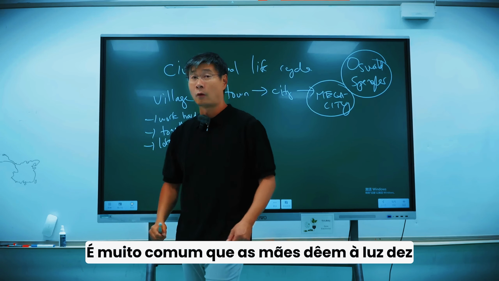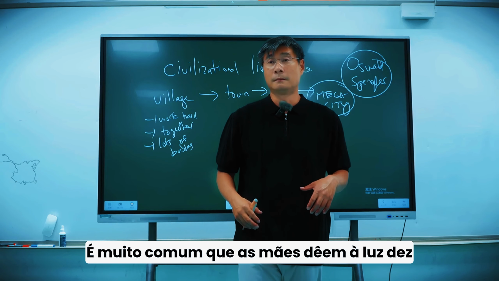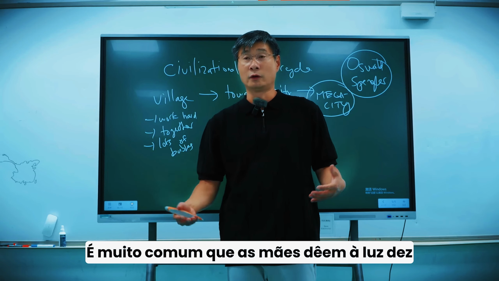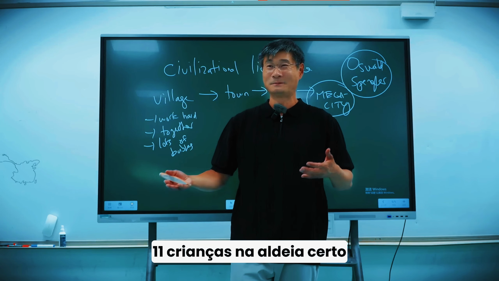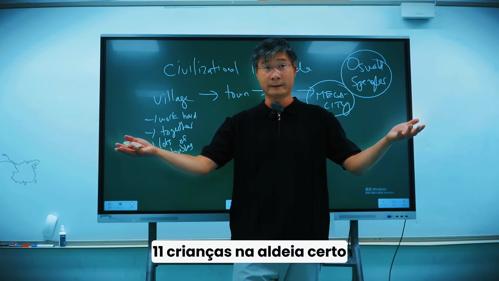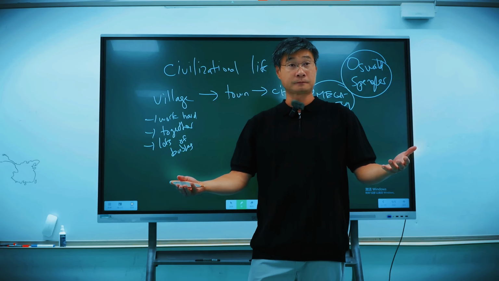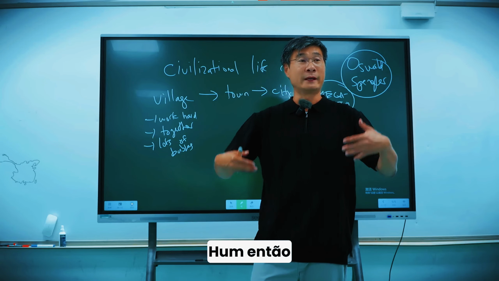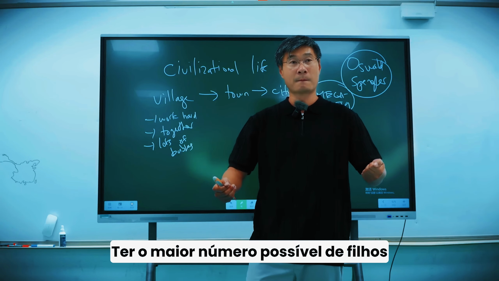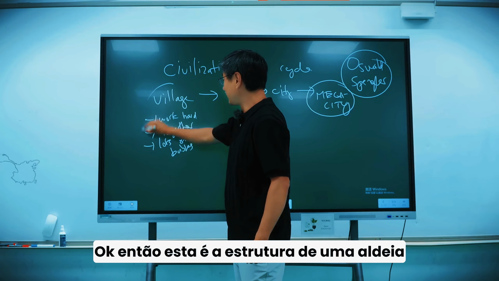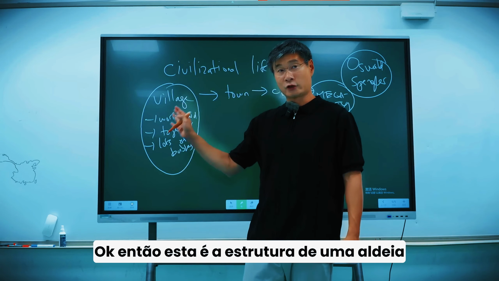It's very common for mothers to give birth to 10, 11 kids in a village, right? And the reason why is kids are free labor. So you're incentivized to have as many children as possible. Okay, so this is the framework of a village.